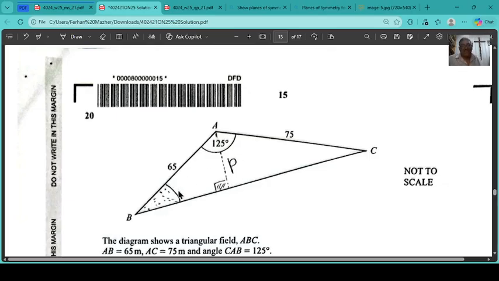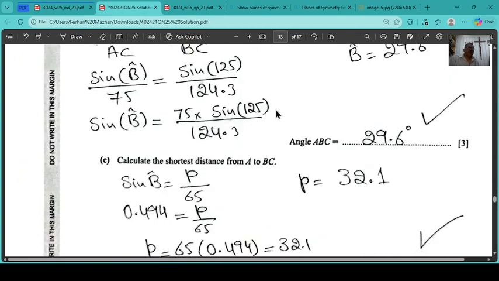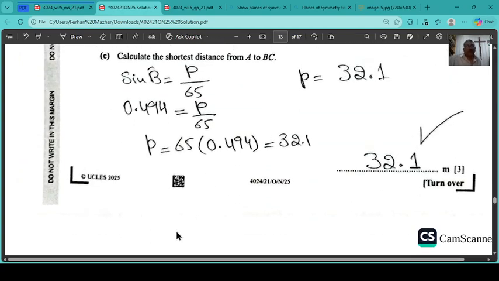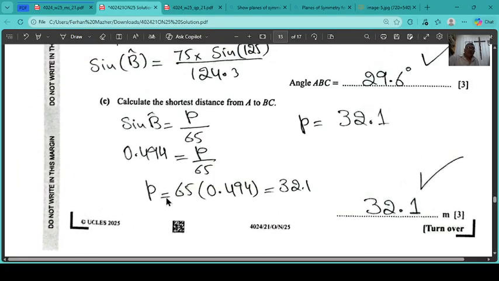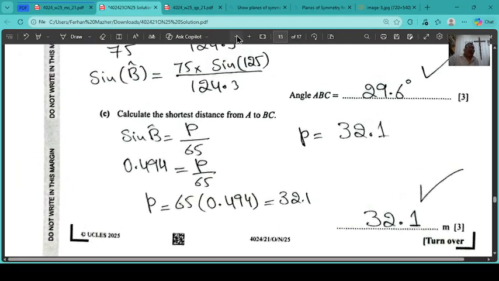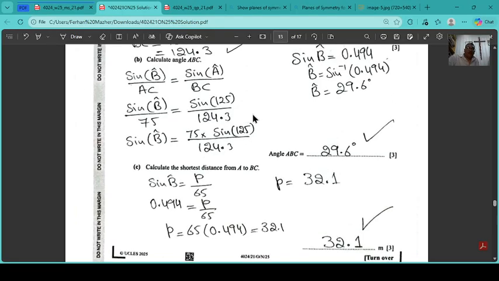So this is a right angle triangle. I know this angle, I know this side, and I want to find out this side. Very simple trigonometry. The sine of the angle B is equal to P divided by 65, perpendicular by the hypotenuse. And we already know the value of sine B is 0.494.